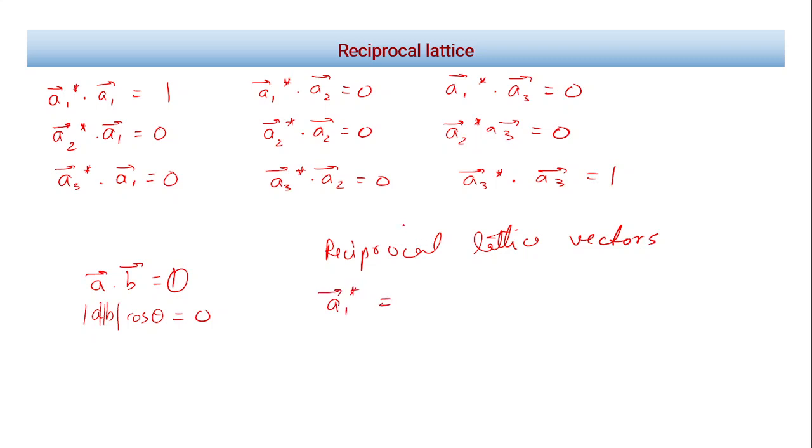Usually we see this: A1 star is A2 cross A3, where A1, A2, A3 are direct lattice vectors. So from there itself we can construct the reciprocal lattice vector. In the denominator we have the volume of the unit cell. Which unit cell? The direct space unit cell. So V is actually A1 dot A2 cross A3.